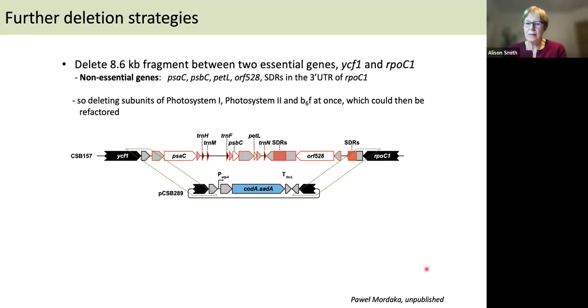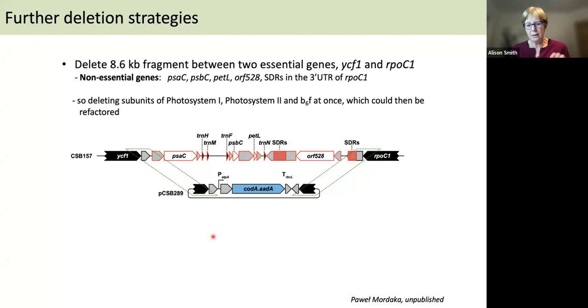We then wanted to extend it to see whether we could knock out regions in one go that contained functional genes. So these 2 genes here, YCF1 and RPOC1, are essential genes shown in black. And in addition, there are these 4 tRNA genes for histidine, methionine, phenylalanine, and asparagine, which are also in black, so they're also essential genes.